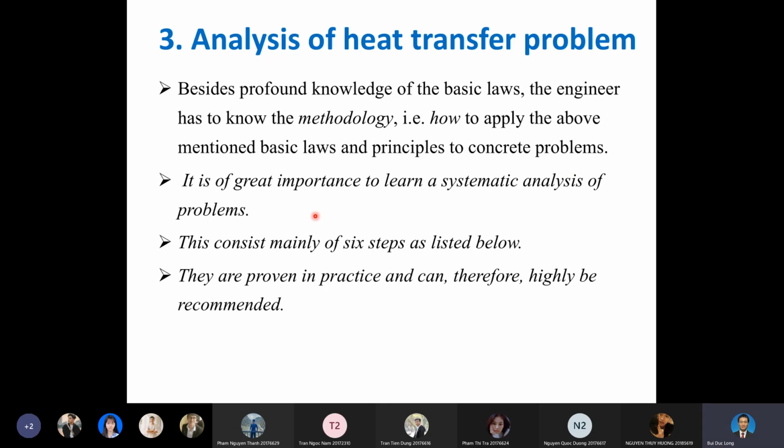So it's important to learn a systematic analysis of problems. This is very important to approach or solve a problem.